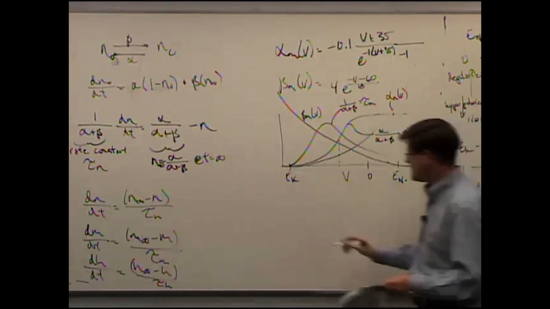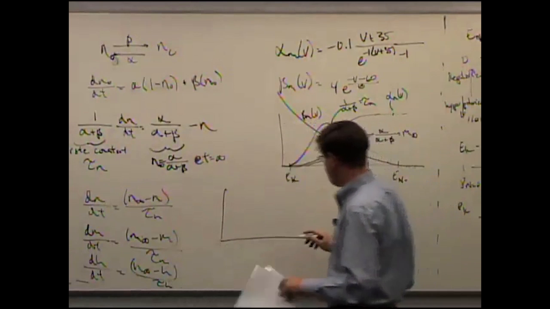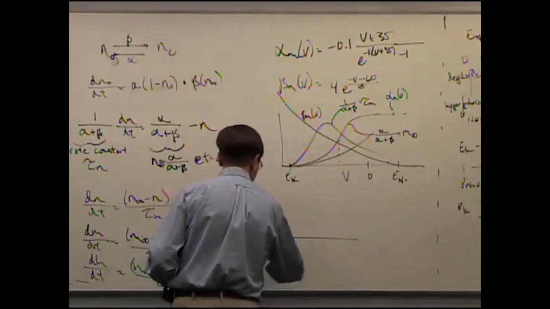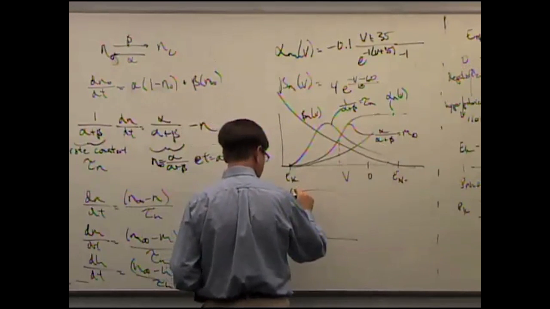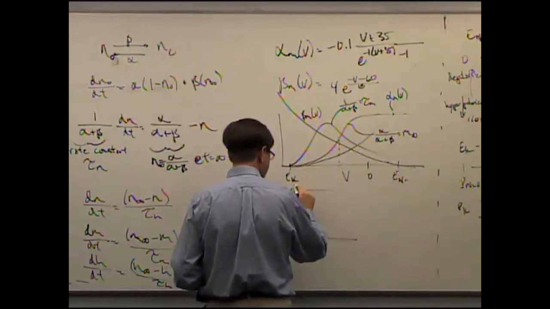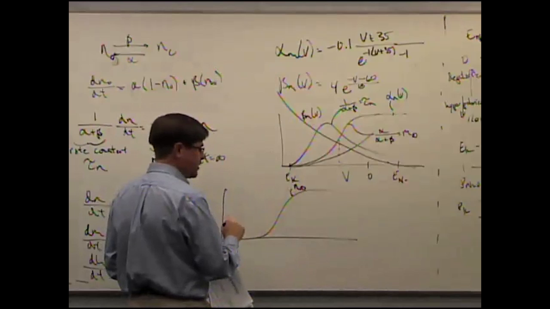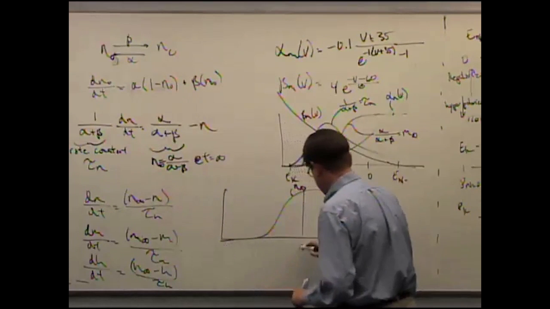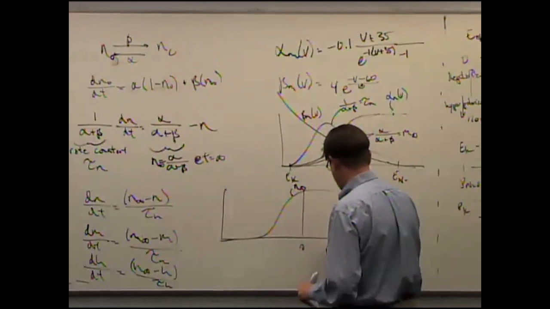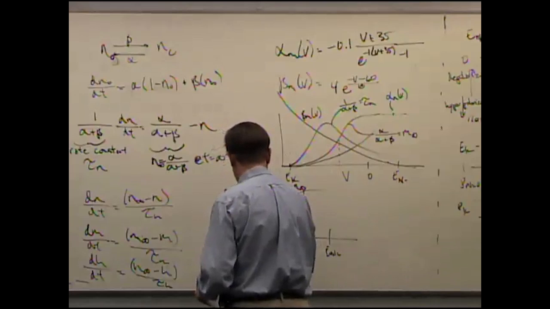I'm not going to plot the curves for all of these, but if we plot this, this is the m infinity, the sodium activation curve. Sorry, this is 0 millivolts. This is ENA, this is EK, and this is E rest.